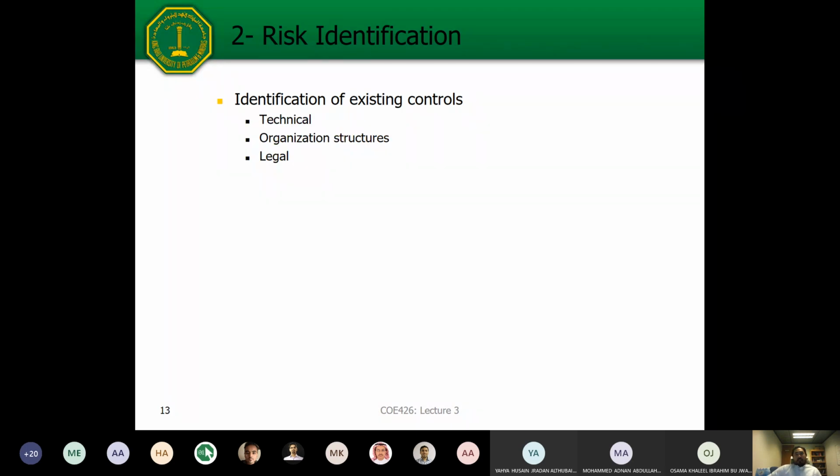Identification of existing controls. Again, that's why I mentioned you have to be technically aware. What are the solutions that the organization is adopting? Are you doing encryption? Are you doing basic anonymization? Also, you need to be aware of the organization structures. Who is responsible for overseeing the privacy concerns? Also, legal.